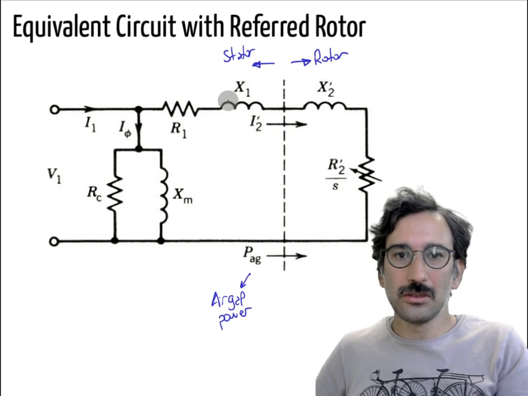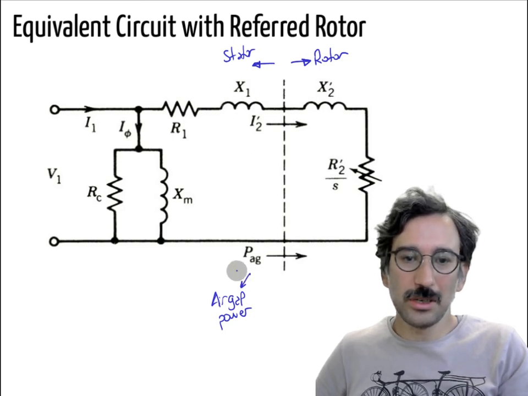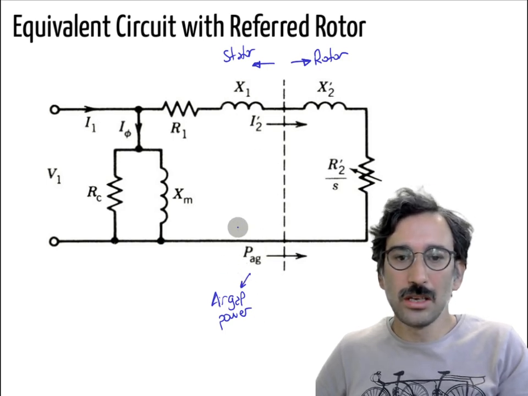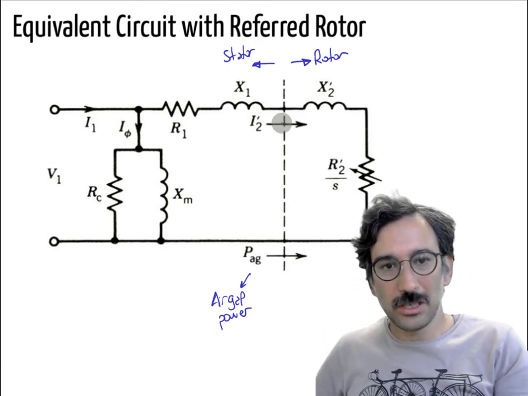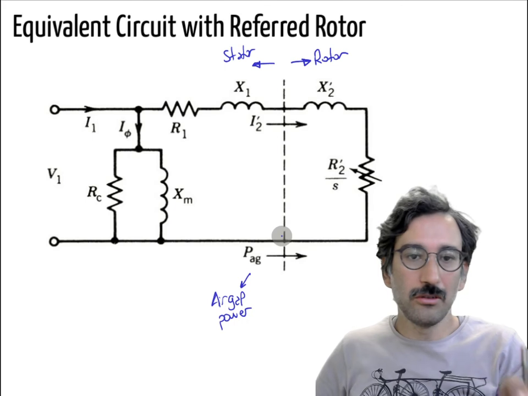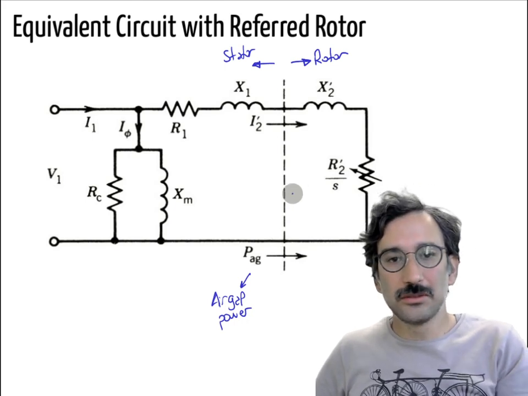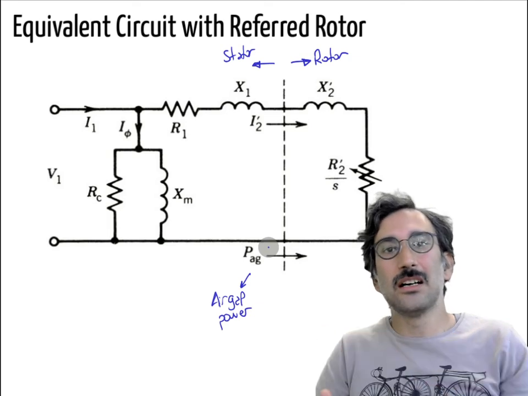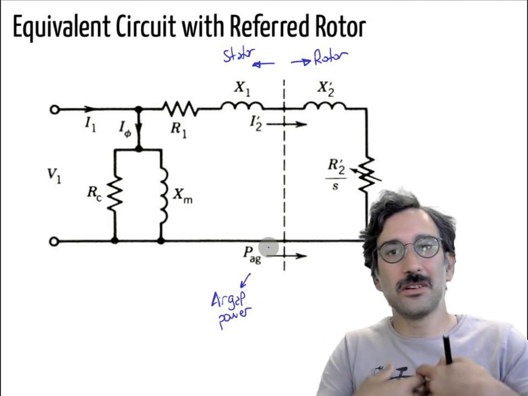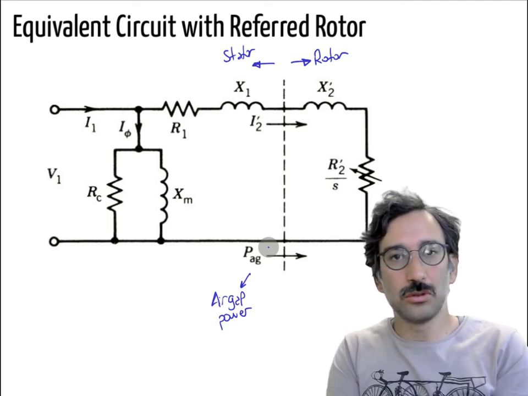We will use that power in the following videos. You just calculate how much power is going over that dashed line, that boundary. That also shows us how much power is transferred from the stator side to the rotor side.